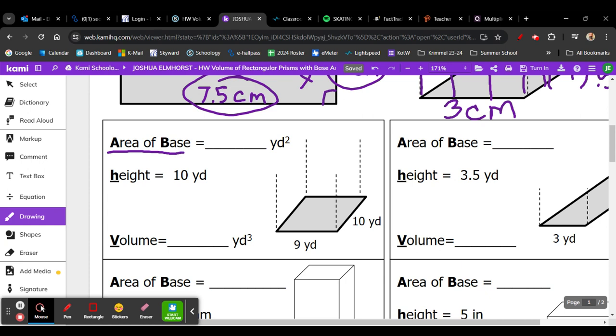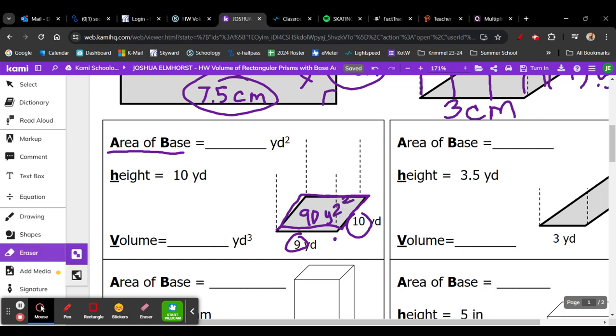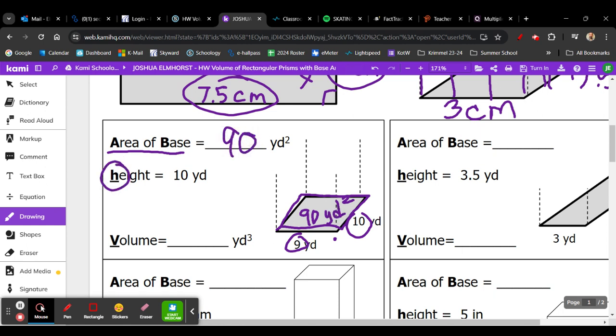First, we're going to find the area of the base, which is 9 times 10. So we have 90 yards squared. 90 yards squared. And how tall is this shape? 10. The height is 10 yards. So now you're going to build the volume from the base going up.